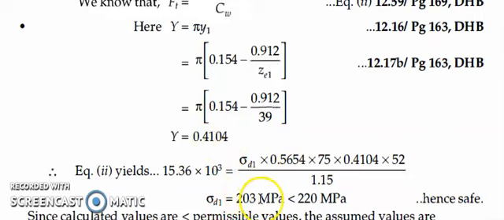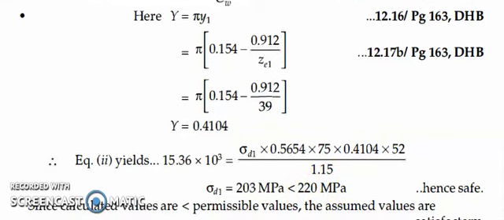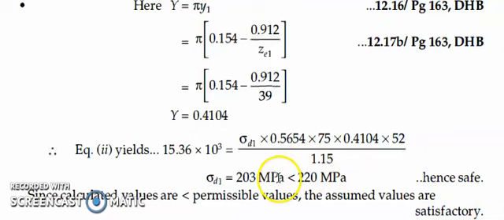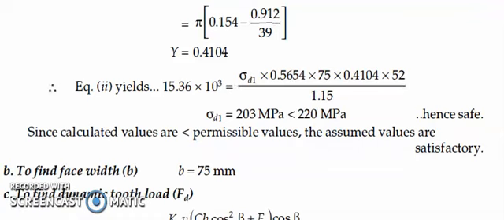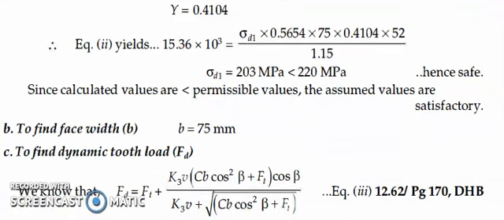That value is 203, we will get 203 megapascal. But the value we take from the data book is 220 megapascal. So the calculated value is less than the permissible value, so the assumptions are satisfactory. It is a safe design. Then we can finalize the face width, that is equal to 75 mm.